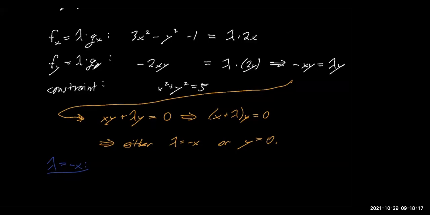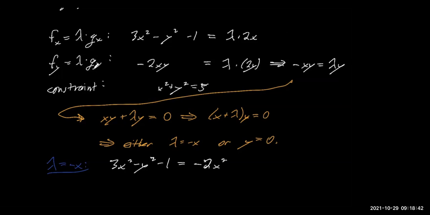So if that's true, we have lambda in the first equation, so we could replace this lambda right here with negative x. Right, so we get 3x squared minus y squared minus 1 is negative x times 2x. So that's negative 2x squared.